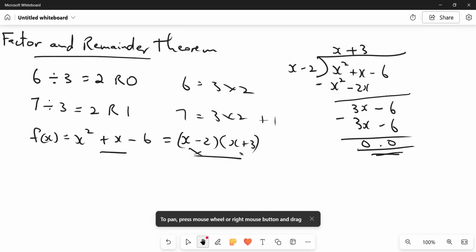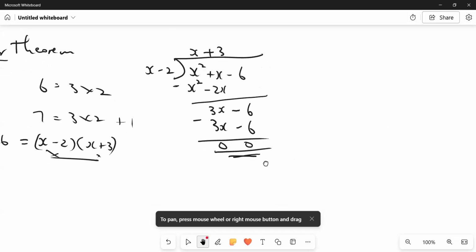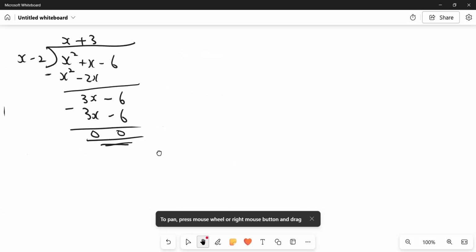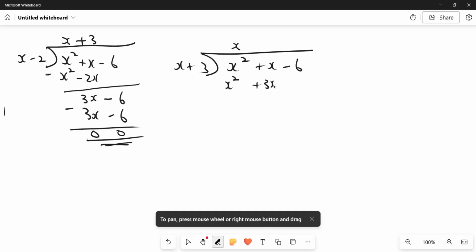Similarly, let me do it the other way, so at least you'll see another division and how it's done. I'm going to divide by x plus 3. x into x squared, you get x. x times x gives x squared, 3 times x gives 3x.